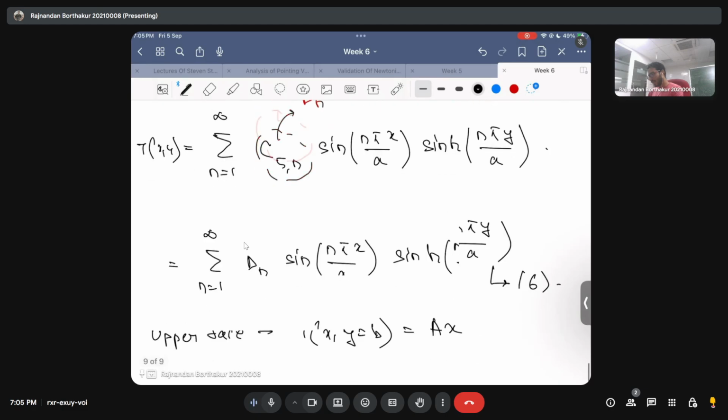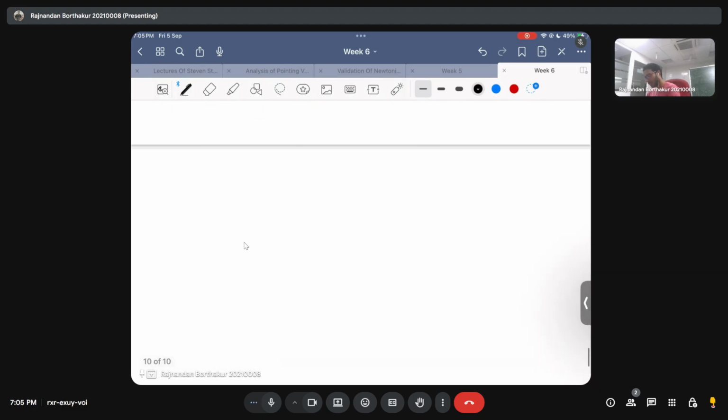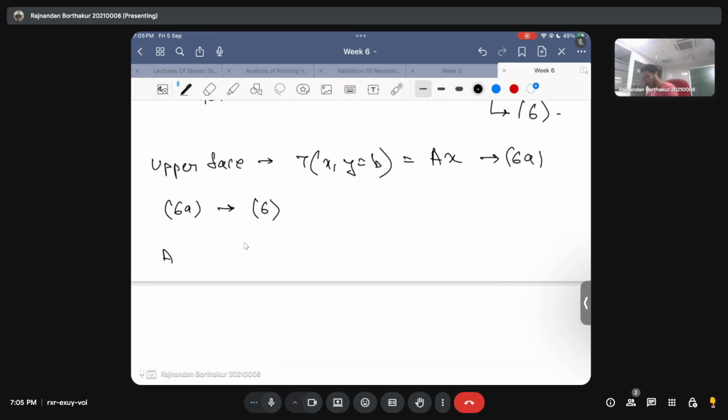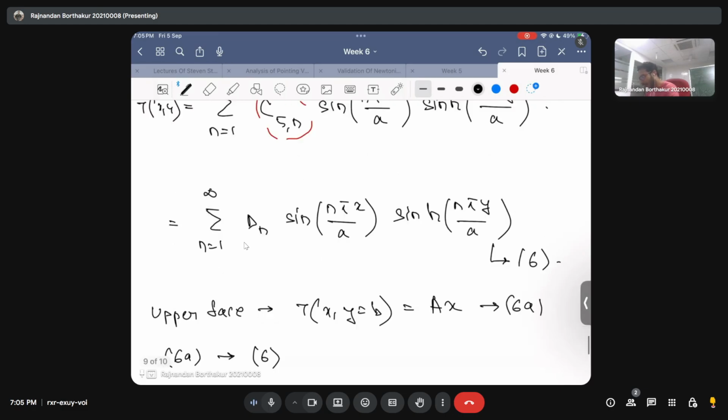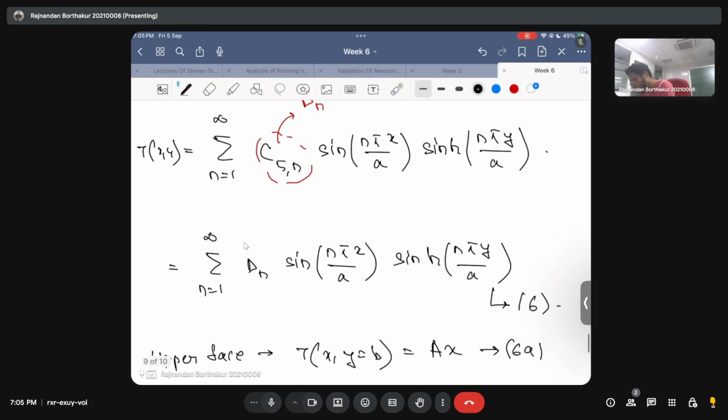Let's call it 6a. If I impose 6a onto the form of the solution 6, I should get, at y equal to b, ax, because at that face my temperature is just a times x.